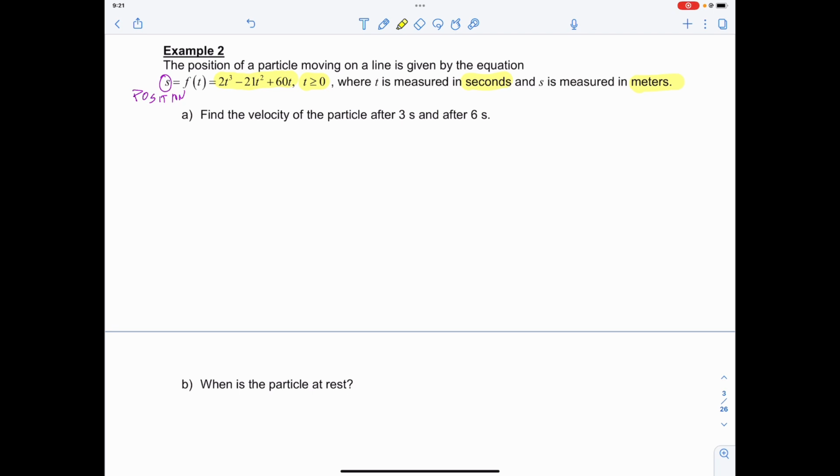The first question asks to find the velocity of the particle after 3 seconds and after 6 seconds. Well, we already know that velocity is the first derivative of that function.